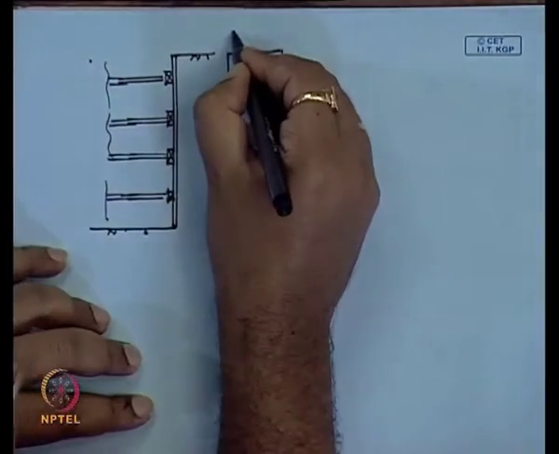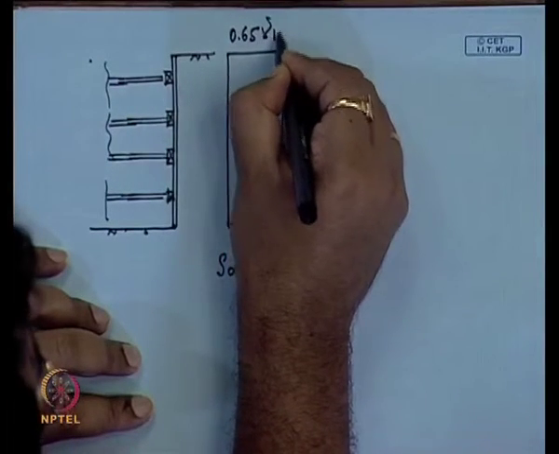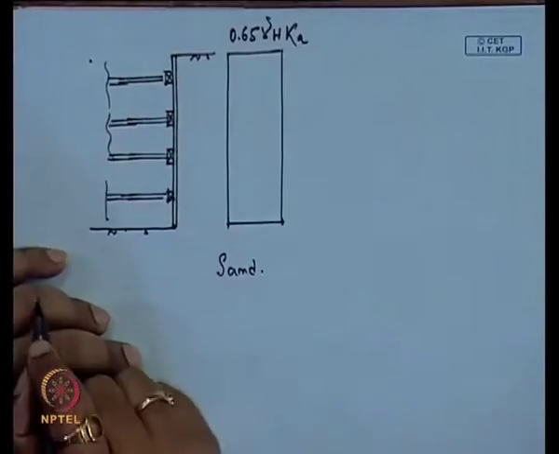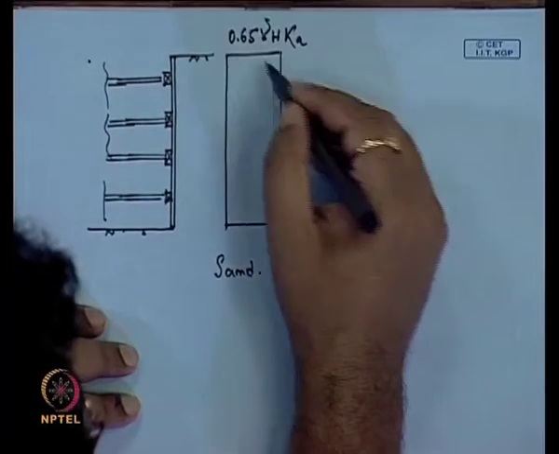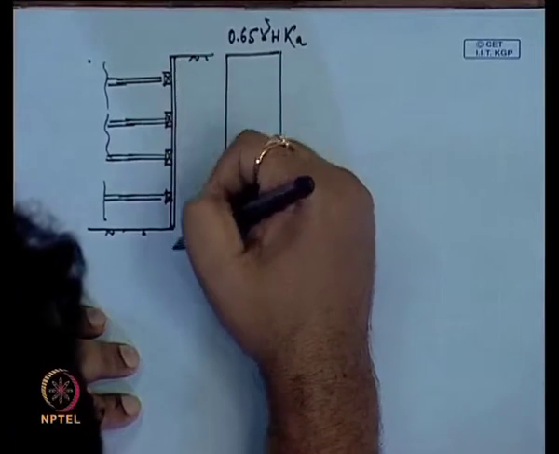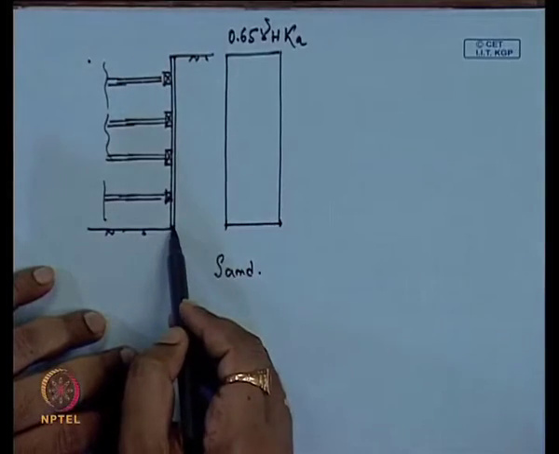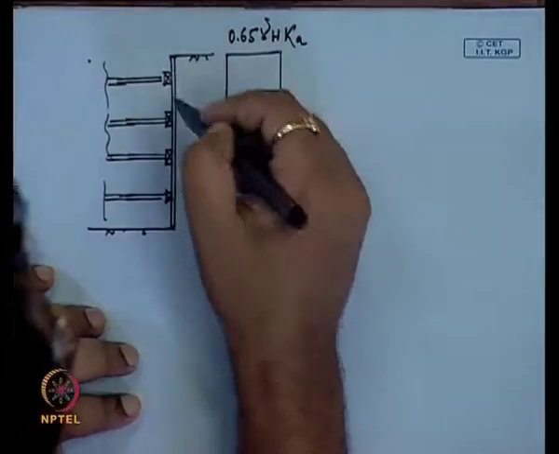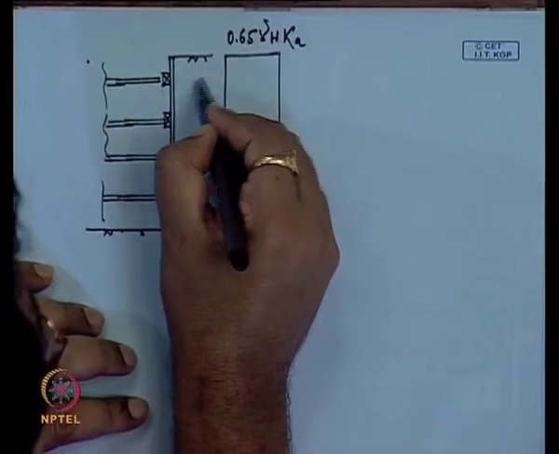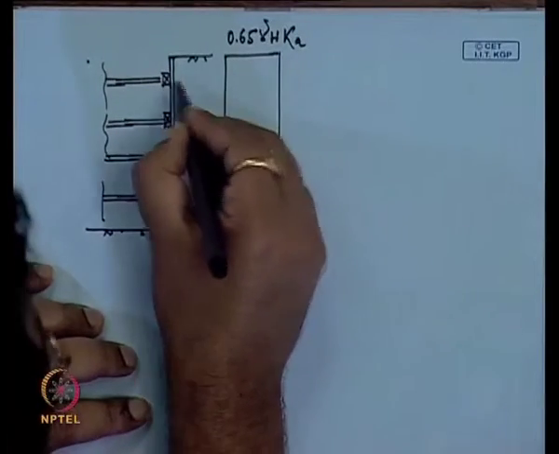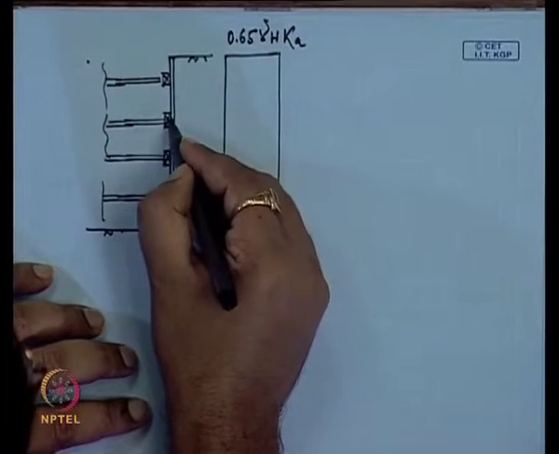So this is 0.65 into gamma into H into K. Now we can divide this total diagram or total sheet pile lateral support into a different number of beams or segments. So that means here, if I consider one beam from the top to the second support, and then from second to third.